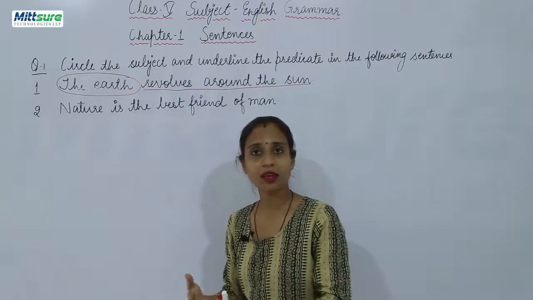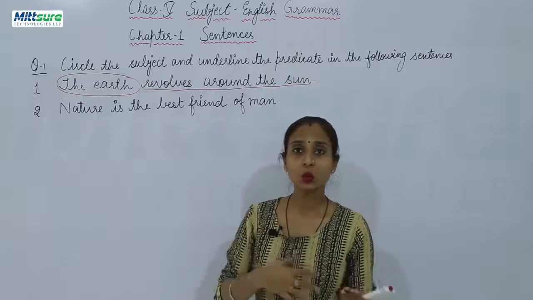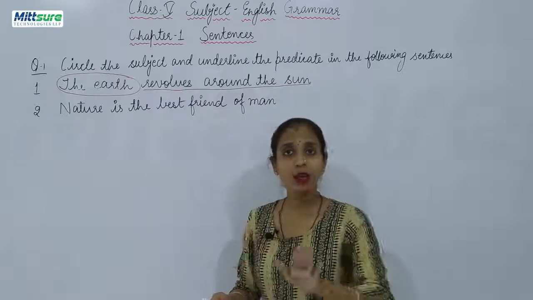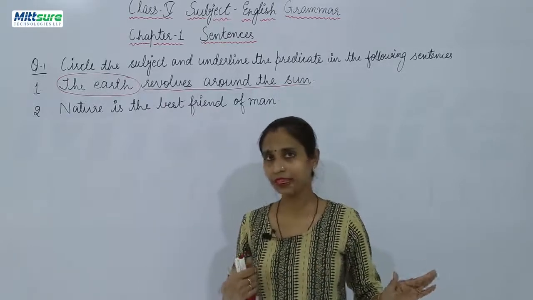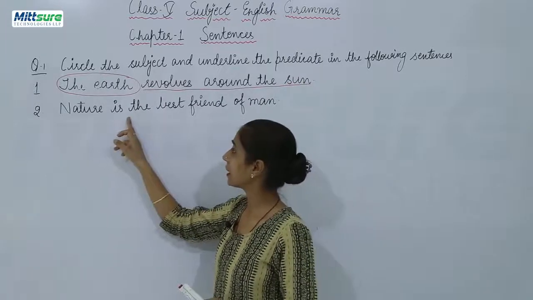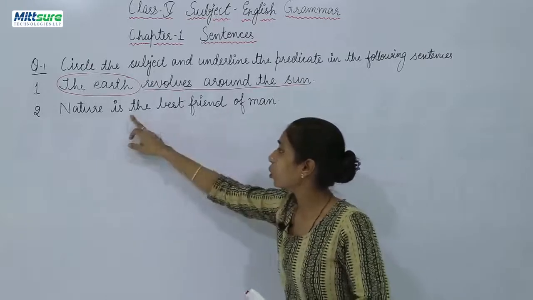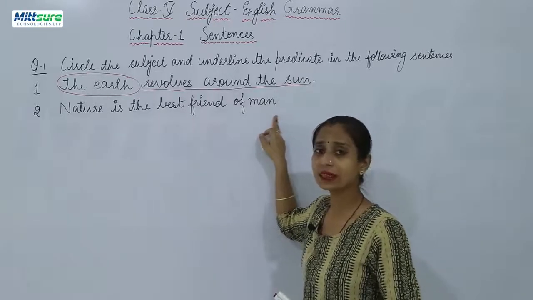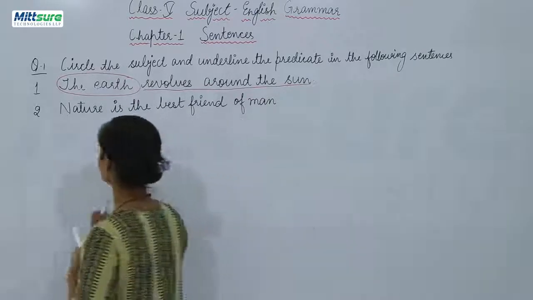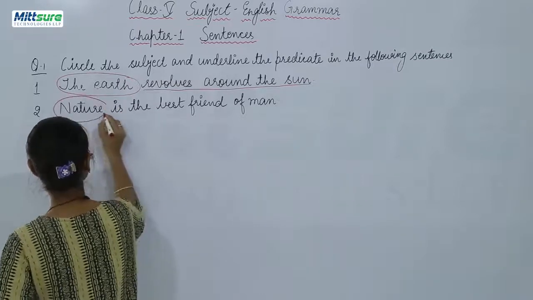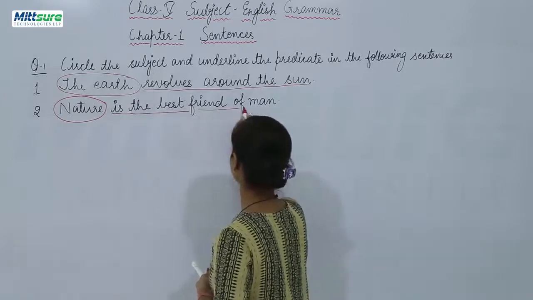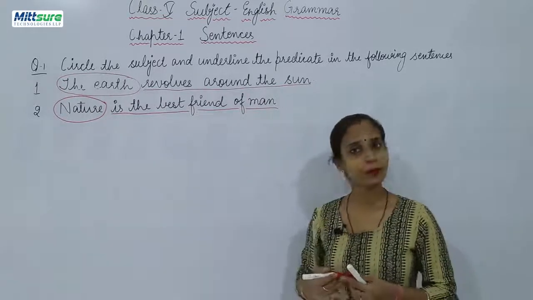Is, am, are, was, were, do, did, does, has, have, had, they all are verbs. Fine. So, is also a verb. Nature is the best friend of man. Who is the best friend of man? Nature. So, nature will be the subject. And the rest part, is the best friend of man, will be the predicate.